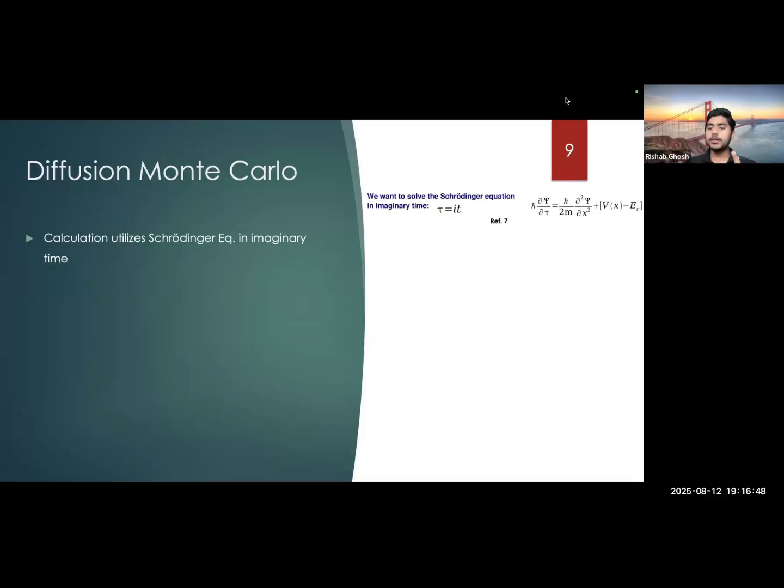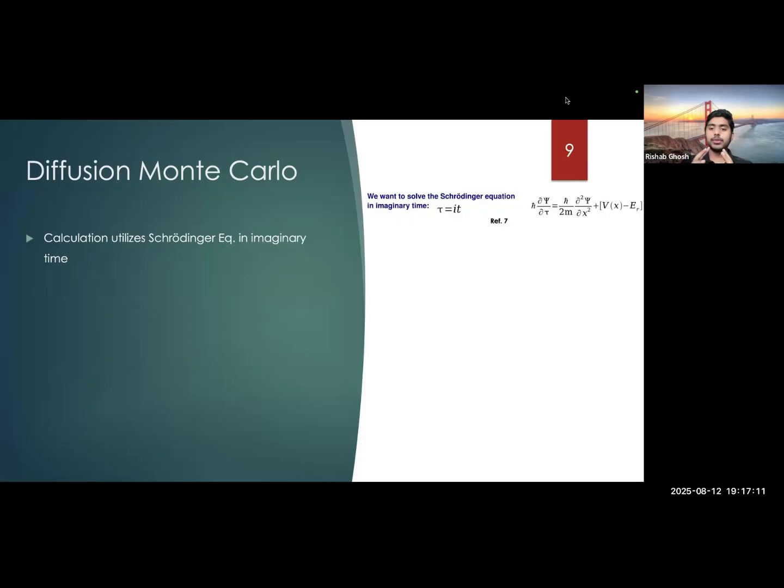The reason it's calculated in imaginary form is because in real time for multi-electron systems, the Schrödinger equation offers a periodic, repeating solution, and that cannot be used in the real world.